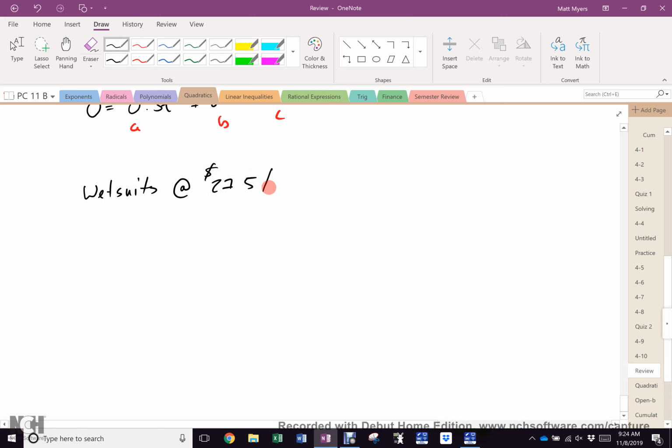No, that's actually pretty cheap for a good wetsuit. Everybody cool? All right. Summer is over. We are approaching winter. I have a bunch of wetsuits left. Everybody cool? All right. So wetsuits at $275 each.